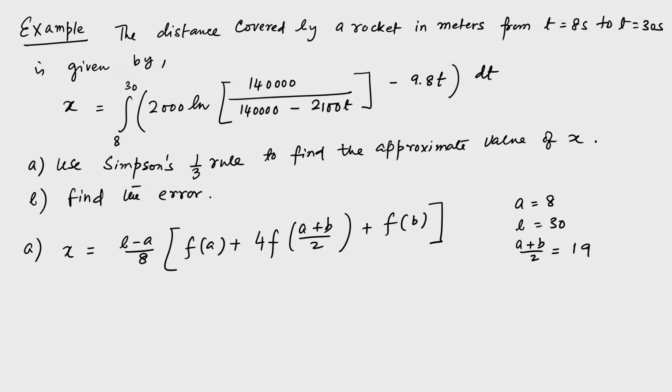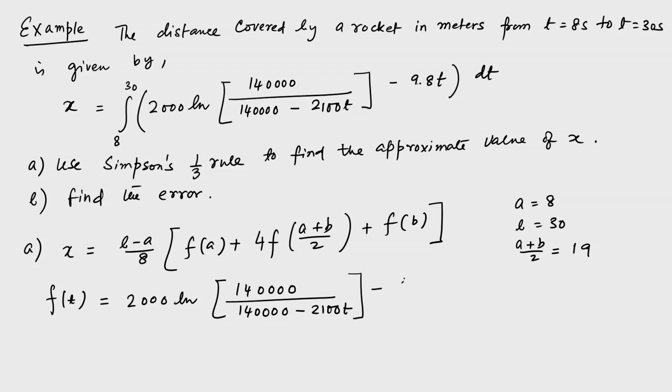So, f(t), that is the integrand, is simply 2000 log of 140,000 divided by (140,000 minus 2100 t), minus 9.8 t.